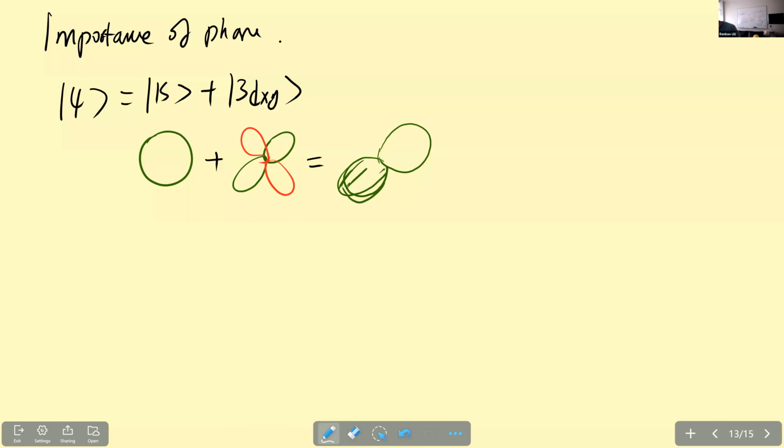Okay, but I have a negative sign, so you have a kind of destructive interference in this diagonal direction. Okay, so this is the case.